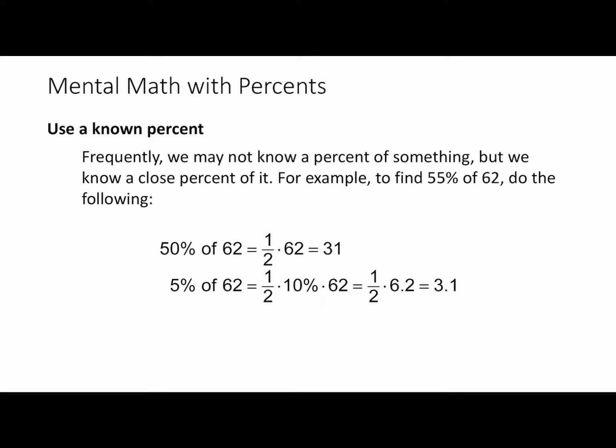That's 31. And then to find 5%, you should think, well, 5% is half of 10%. So I want half of 10% of 62, which is half of 6.2, which is 3.1. And then finally, to put it all together, 55% must be the sum of those two numbers, 31 plus 3.1, or 34.1.